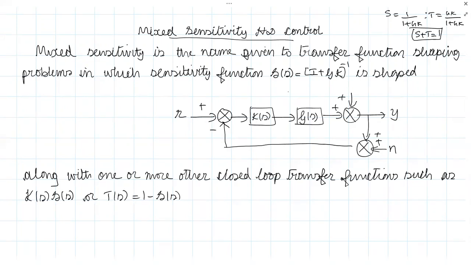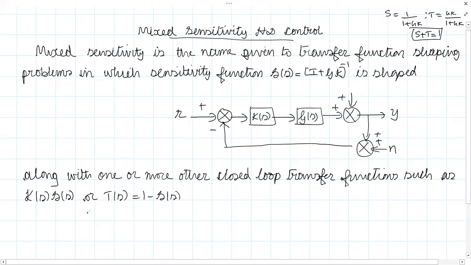So what is Y of S from this figure? Just a quick recap. This is a disturbance D. In terms of complementary sensitivity, Y of S will be T of S into R of S plus sensitivity function into disturbance D of S minus T of S into the noise.